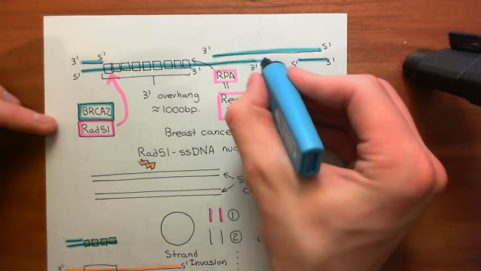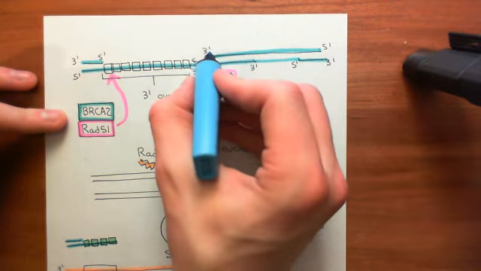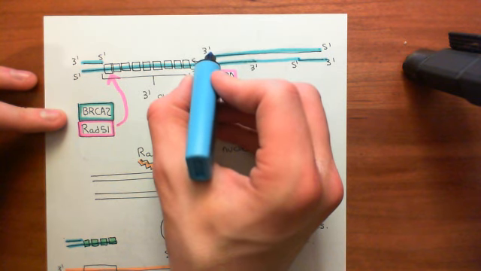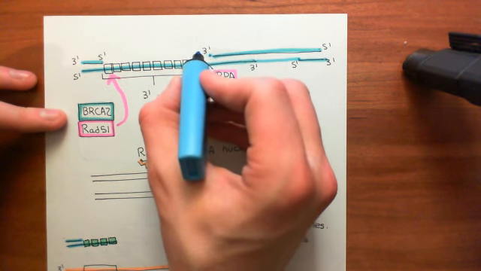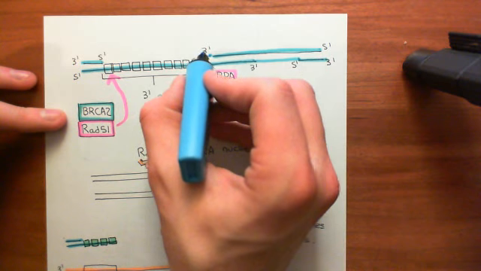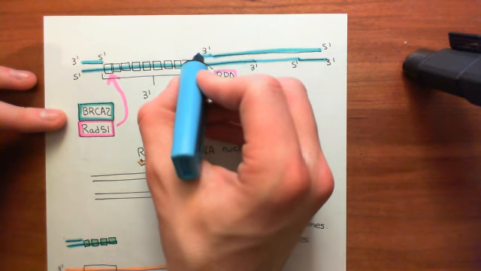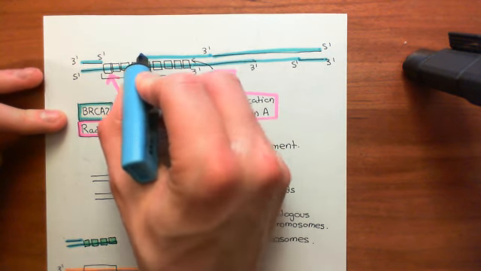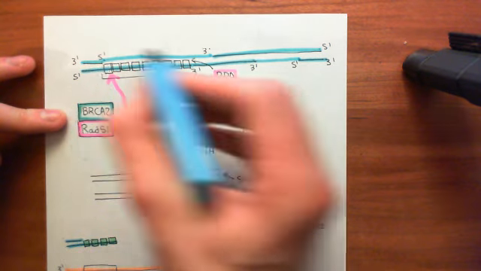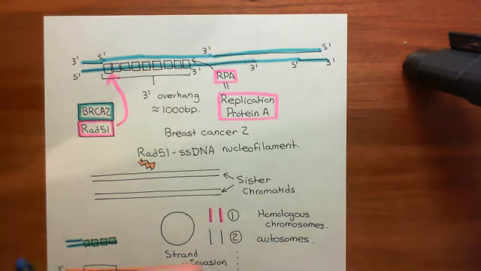It will fill up that gap now, and then it can also fill in this gap, because remember it's always adding nucleotides onto a 3' end like this. So it can extend this region like here, synthesize right to there, and then of course DNA ligase will fill in the final gaps there. And that then is how we can repair a double strand break like so.